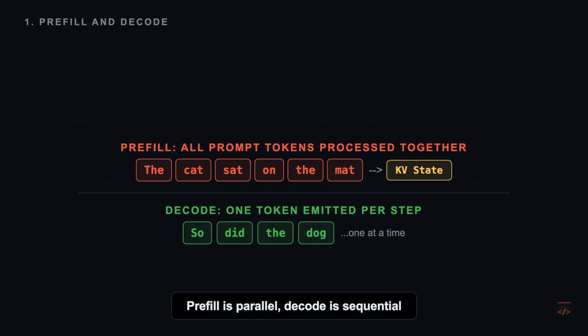It generates a token, feeds it back in, generates the next token, and repeats. Decode is sequential and cannot be parallelized across the answer because each token depends on the one before it. Understanding this split matters because prefill and decode have completely different performance characteristics, and almost every optimization targets one or the other.